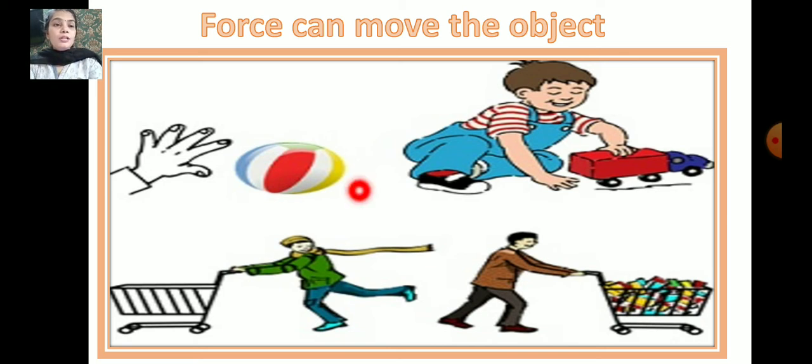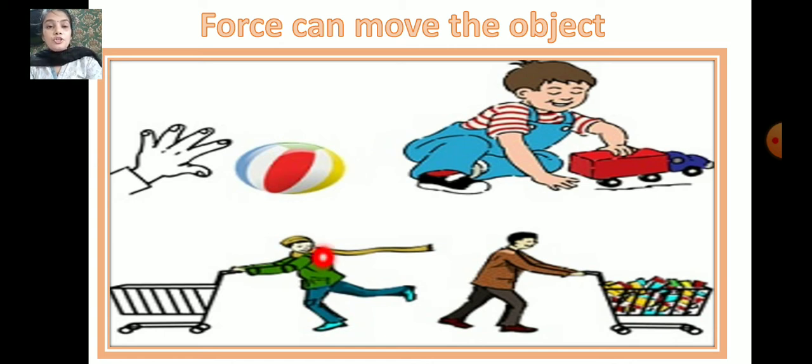In the same way, this child is applying force to push the car. If you see the car, you will try to push it, you will try to move the car. When you apply the force to the car, the car moves.